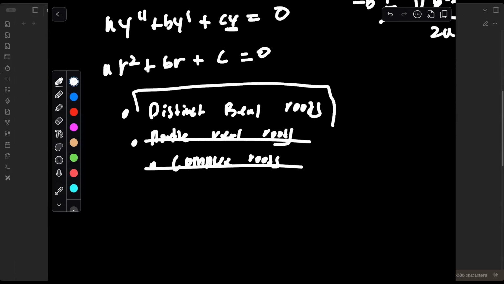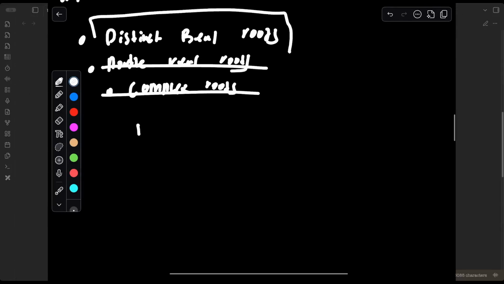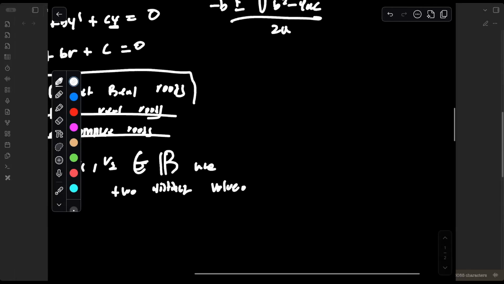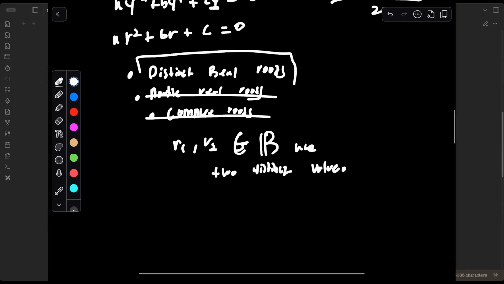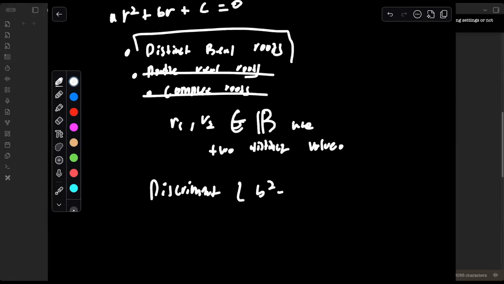But what are distinct real roots? It essentially means that we have r1 and r2 in the real numbers, two distinct values. For this case, theorem 1, we can easily find it if the discriminant b squared minus 4ac is greater than 0.